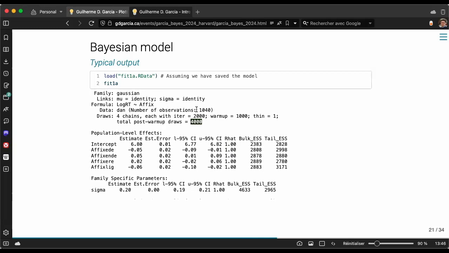If the model is having some hard time converging, we can just have more samples, right? 10,000 samples. Now, we have 4,000 samples because we have 2,000 samples per chain, but we are using 1,000 samples just as a warm-up because it takes some time for the walk to arrive at the cluster where the values are more likely. So this is 1,000 per chain, 1,000 times 4, that's why we have 4,000. Of those 4,000, there's a lot of autocorrelation between certain steps.